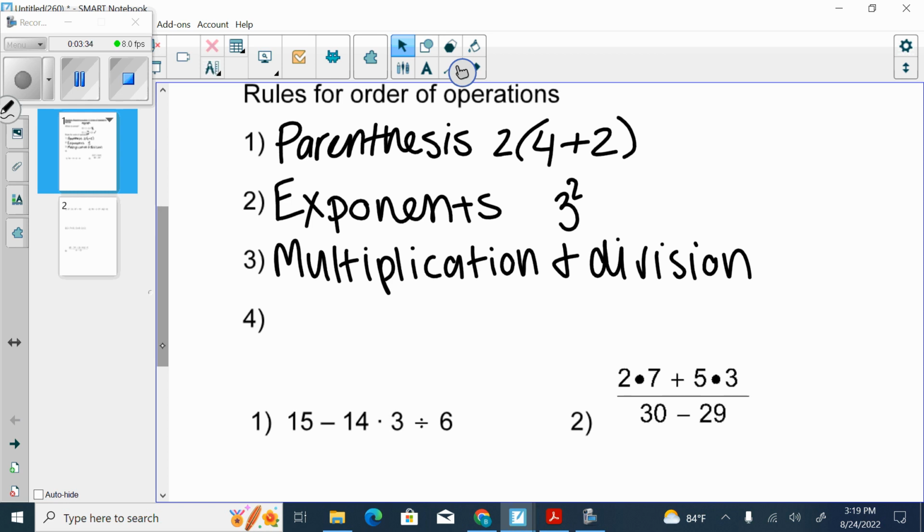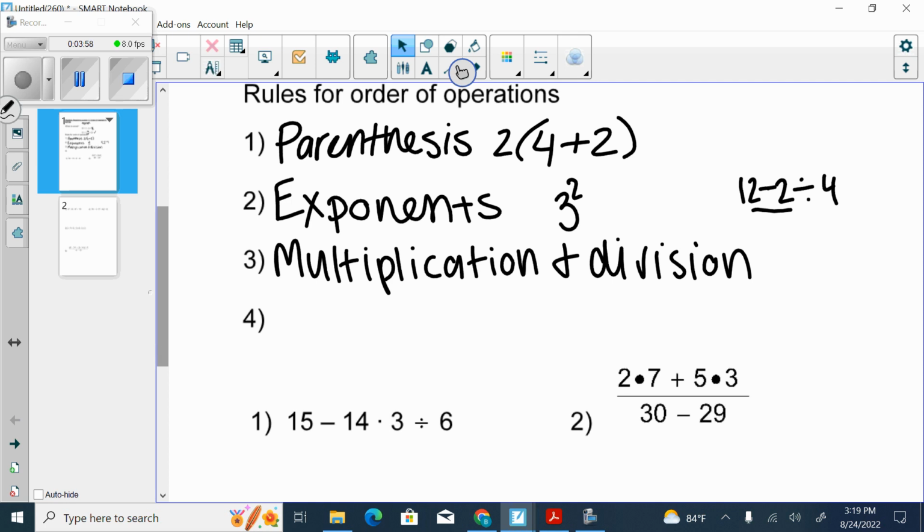It doesn't matter which way you go. What do you mean? You did the multiplication before the division. Only if you went out of order from left to right. So let's say you had an equation that said 12 times 2 divided by 4. Okay? So when I'm reading this, I read it like a book. The first thing I come to is the 12 times 2, so that's what I'm going to do first.